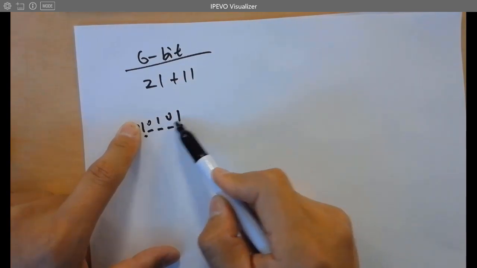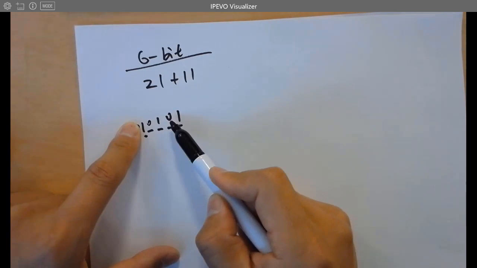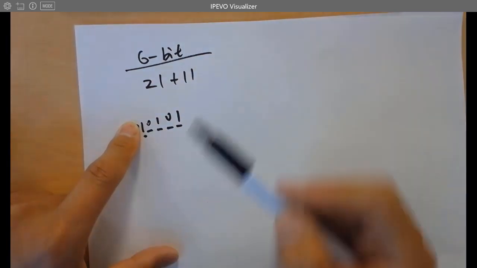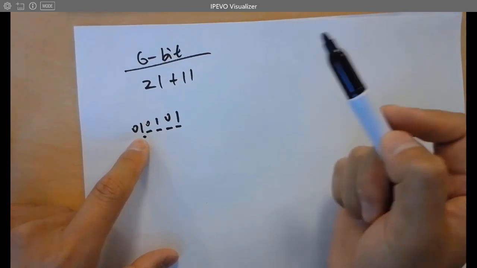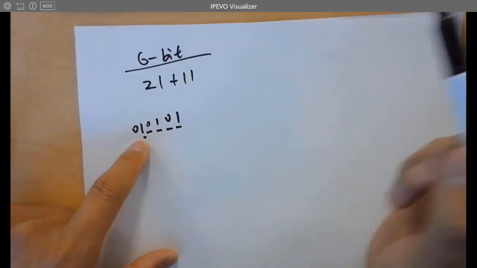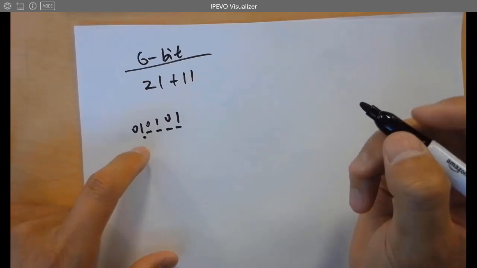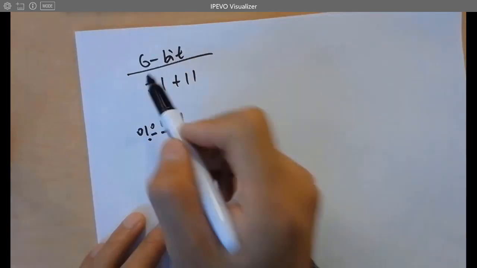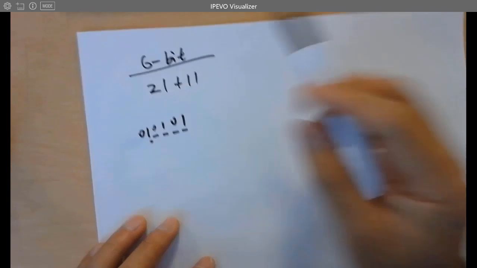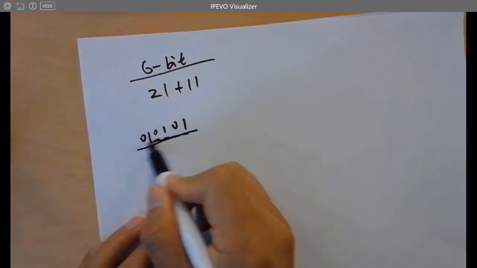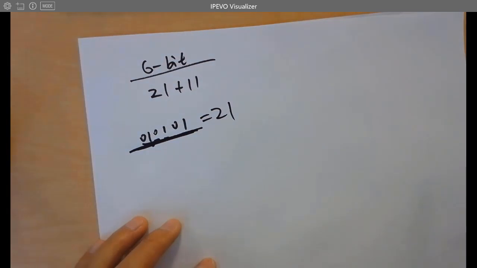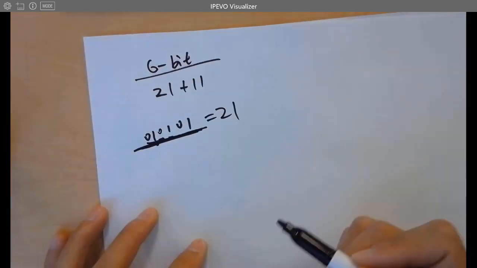What is this? 5. So what's this entire thing? Negative 11, right? If you put a 0 in the front, it's 21, right? Keep in mind, this is a 6-bit computer system. So that is 21 in the 6-bit computer system.